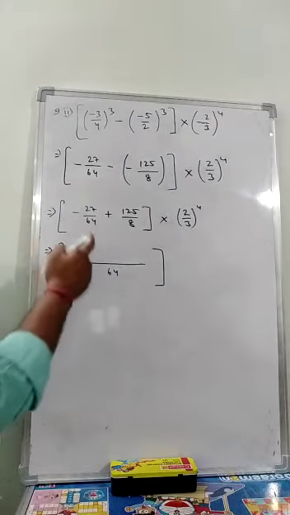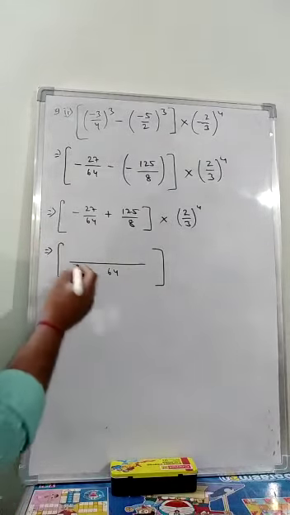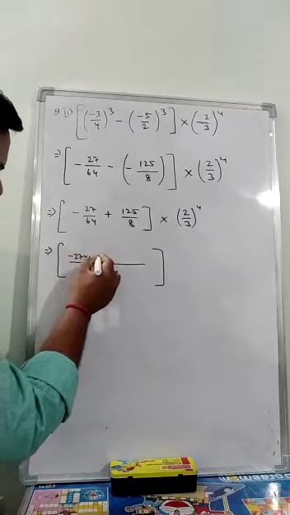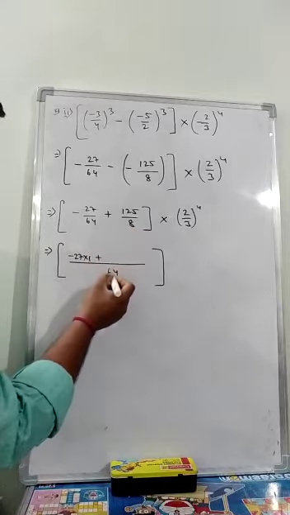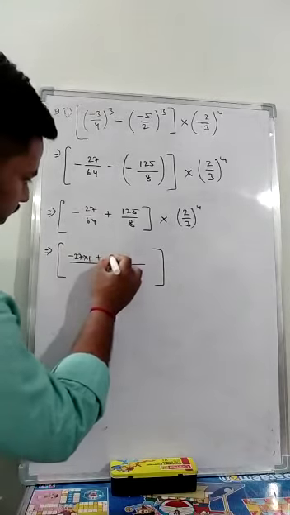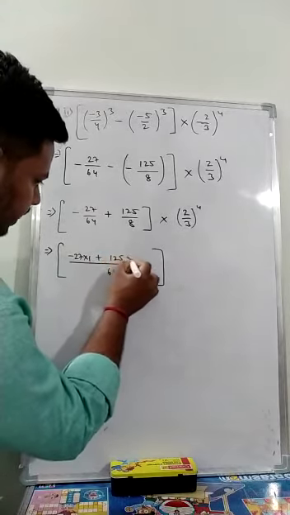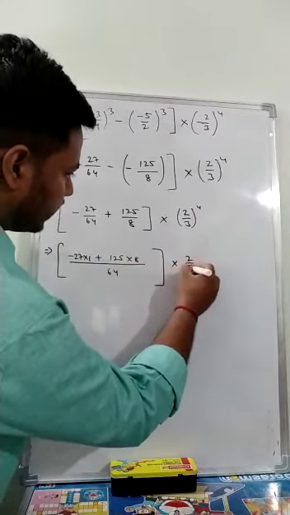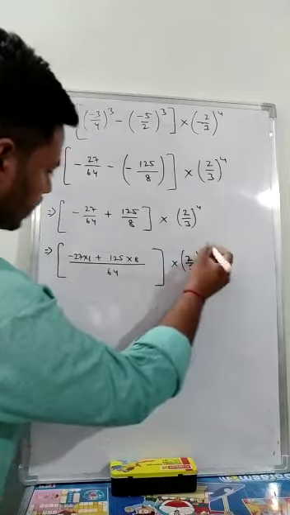So 64 stable 64, one time it will be minus 27 into 1, plus 8 stable 64, 8 times, it will be 125 into 8, into 2 by 3 whole to the power 4.